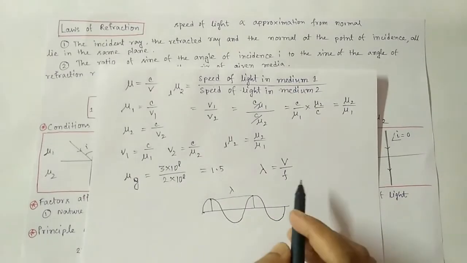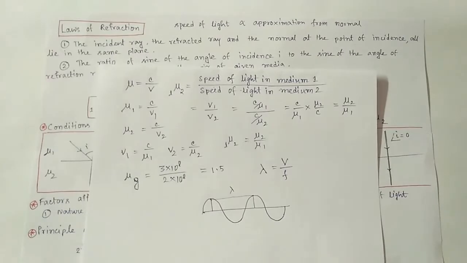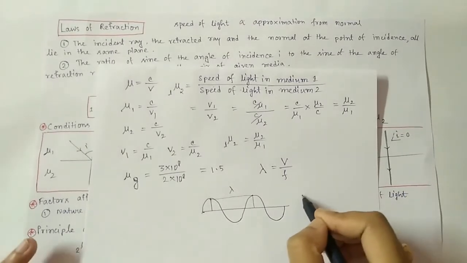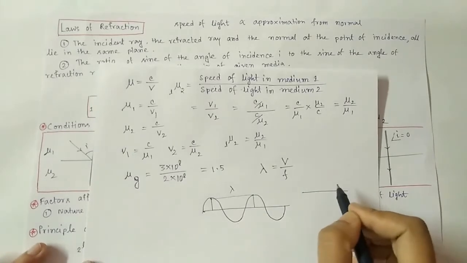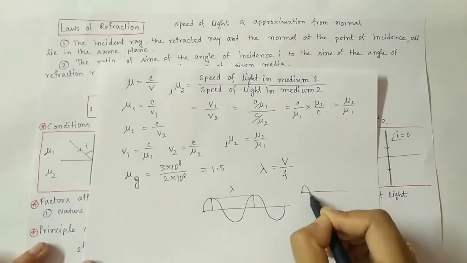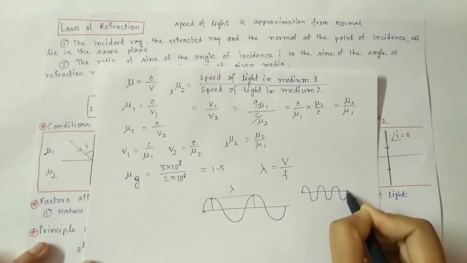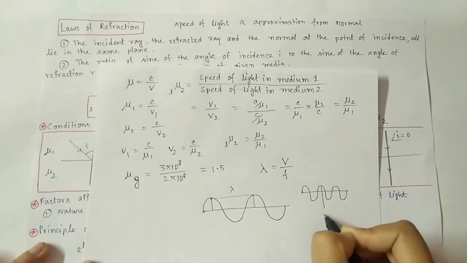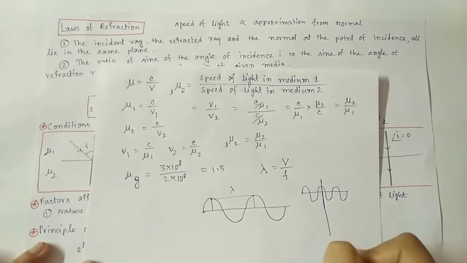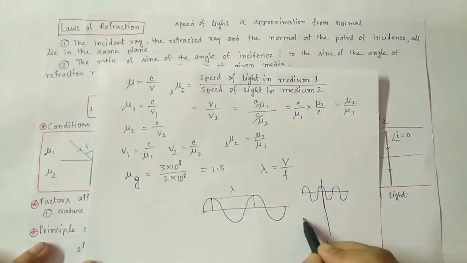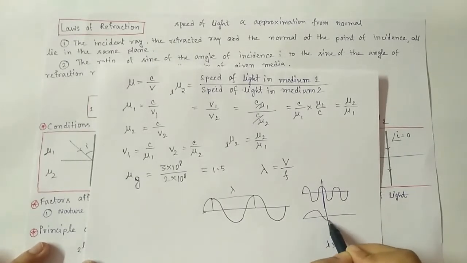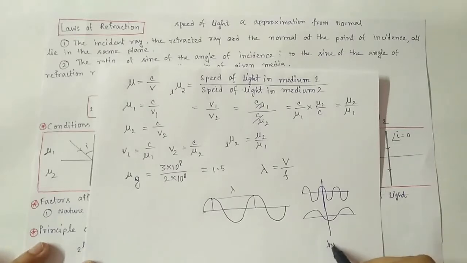And what is frequency? That is f. Frequency is the number of waves that pass by each second. For example, there is one light ray that is passing in 1 second, and another light ray passing in 1 second. Are you getting the difference?